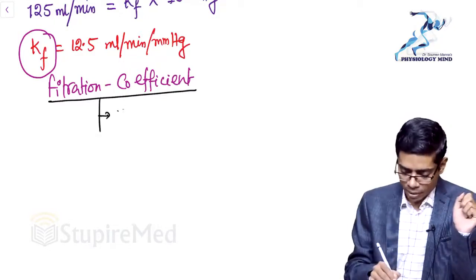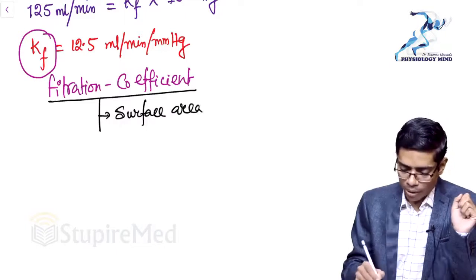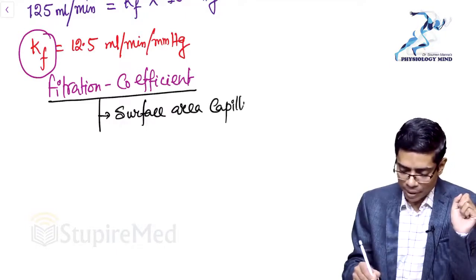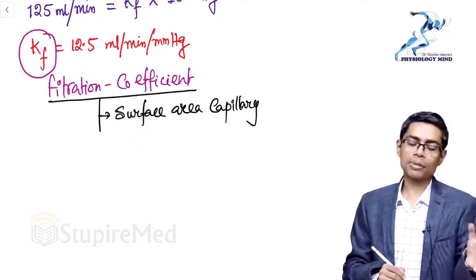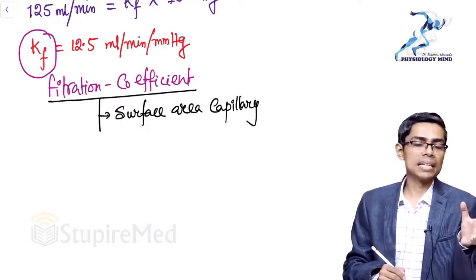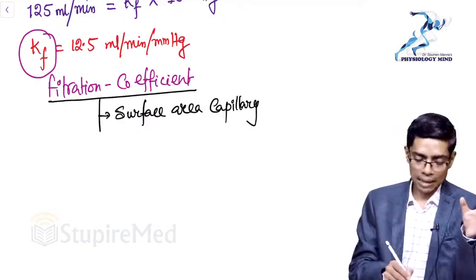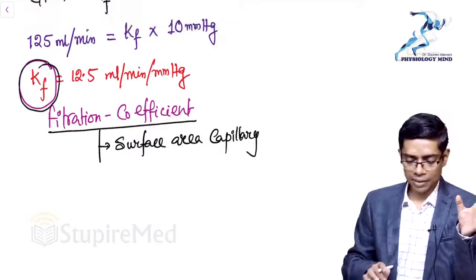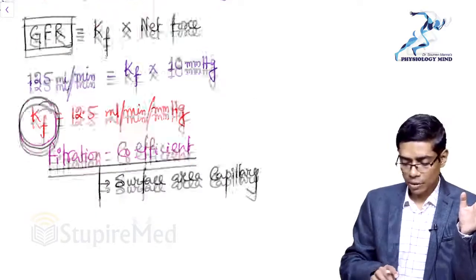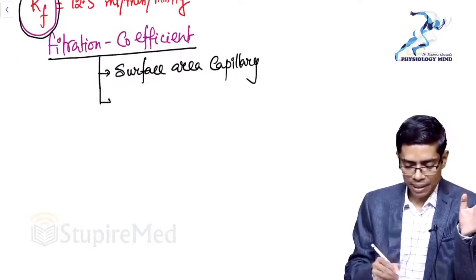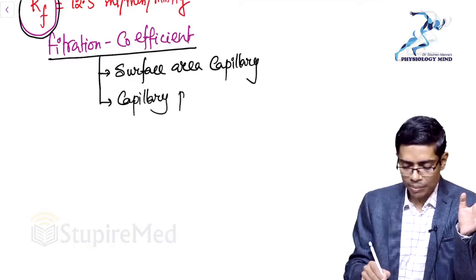Number one, the surface area of all the glomerular capillaries. If the surface area of the capillary increases, Kf will be more, but if it decreases, Kf will be low, and if the Kf is low, you can easily understand that your GFR will also be low, right? So capillary surface area, and second is capillary permeability.